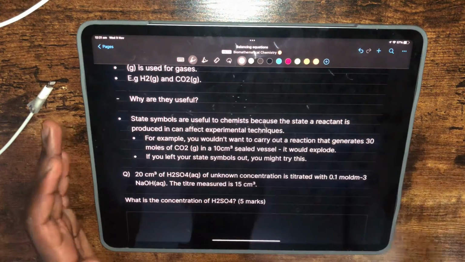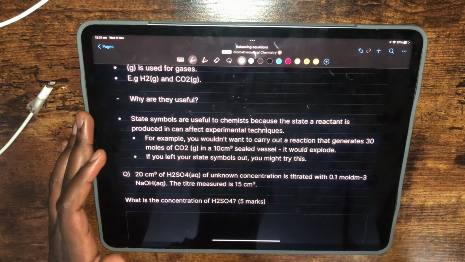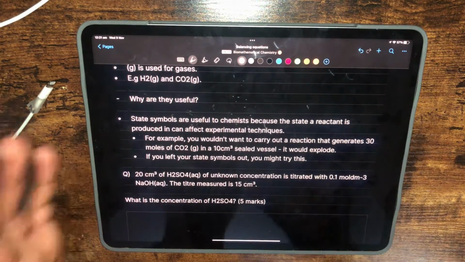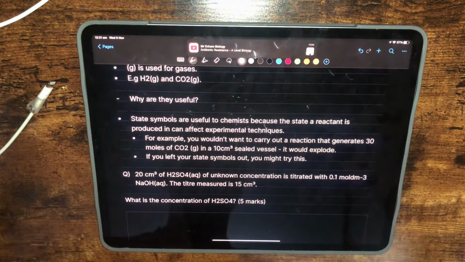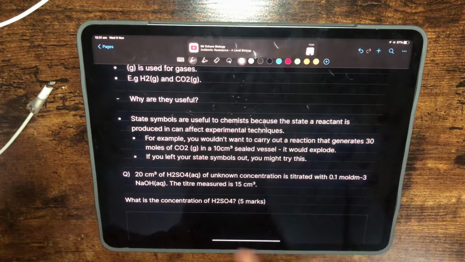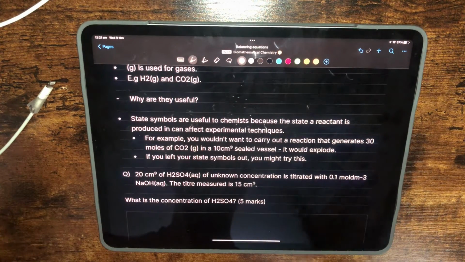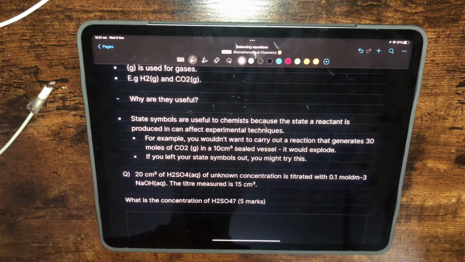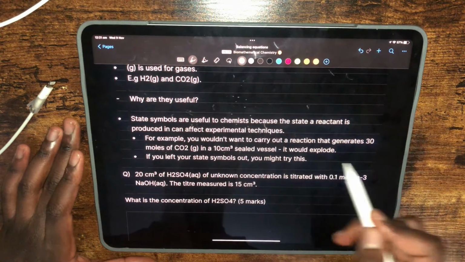If you were producing 30 moles of CO2 as a solid or liquid, that wouldn't be a problem, because it wouldn't be high pressure. Gases move around more freely, and they collide against the walls of the container much more, and that would cause massive pressure, in this case so much that it would explode, right?